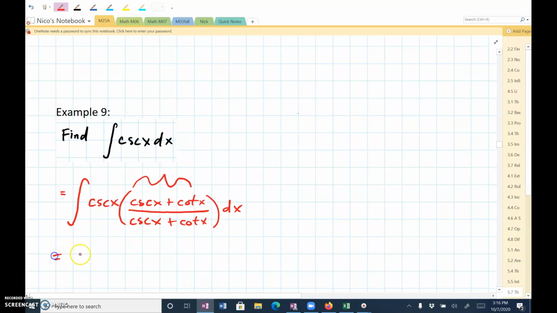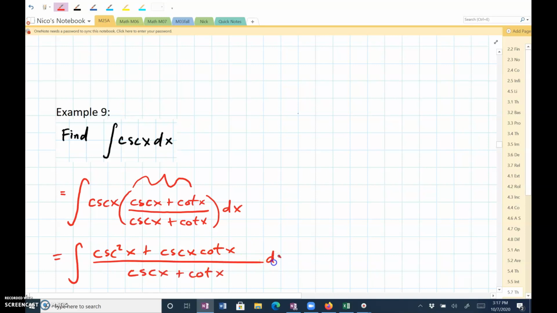So this is going to equal cosecant squared of x plus cosecant of x cotangent of x all over cosecant of x plus cotangent of x dx. Then we're going to let u equal the denominator, cosecant of x plus cotangent of x.